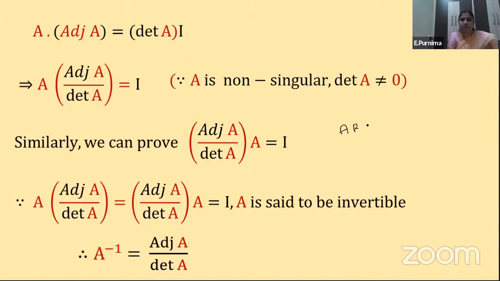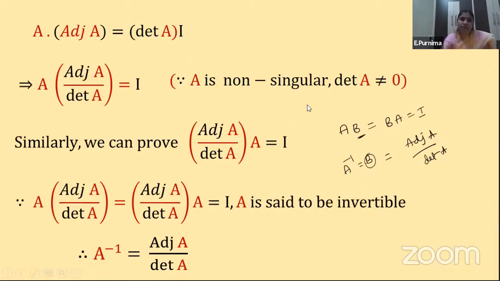Then what it becomes now, this statement I am writing here: AB is equal to BA is equal to I. Now we have got like this. This is the invertible matrix definition I told. So then what is this B called? B is called an inverse. That is nothing but A inverse is equal to B. Yes. So that is nothing but B is adj by det A. So that's why here we are writing A inverse is equal to adjoint A by det A.